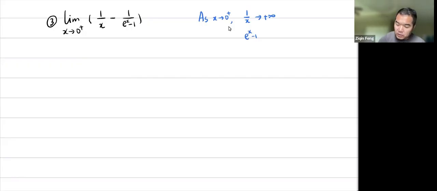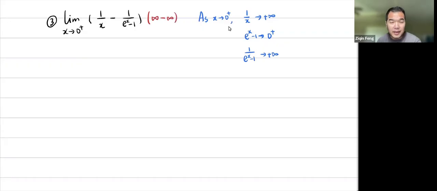So minus 1 will go to 0 positively. So 1 over e to x minus 1 will go to positive infinity, right? So this is basically an indeterminate form, which is infinity minus infinity.